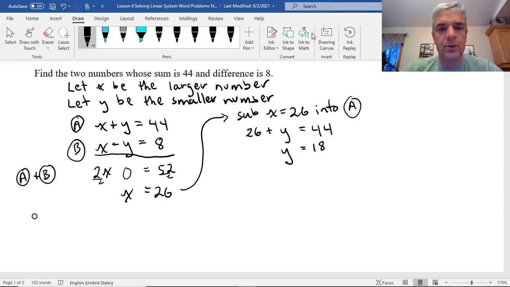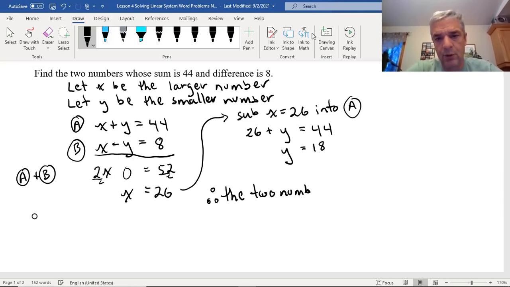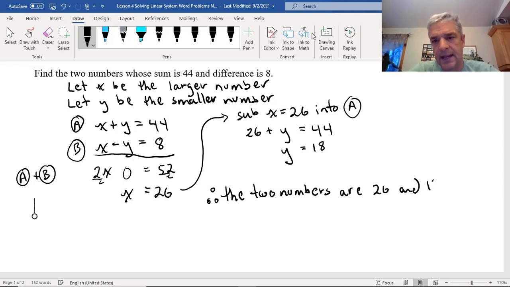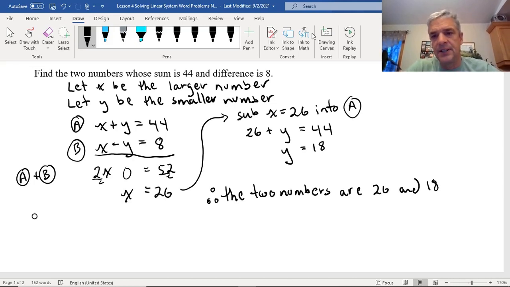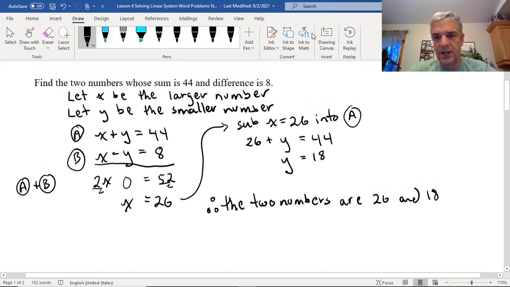I'm going to write this as therefore the two numbers are 26 and 18. And you'll notice that if I add these two numbers together, I get 44, and if I take the difference, I get 8. And that's what the question said in the beginning, okay? And so I essentially have completed that question by writing the therefore statement.